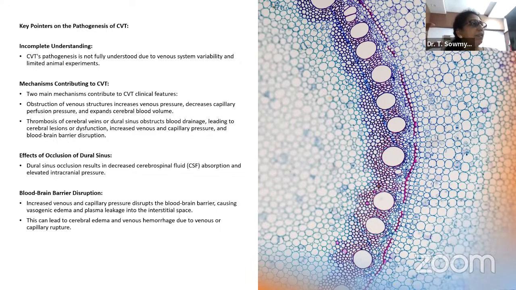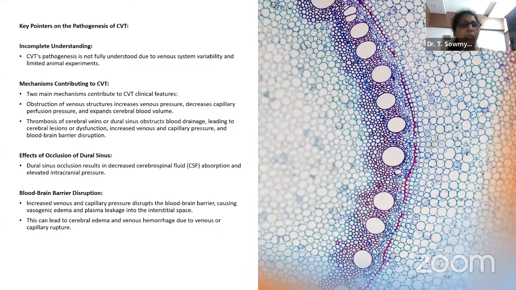Along with that, there is a decreased cerebral perfusion pressure because of the increased venous pressure, and there is failure of energy metabolism, sodium-potassium ATPase pump failure, and cytotoxic edema. This is how the cerebral edema and venous hemorrhage take place.